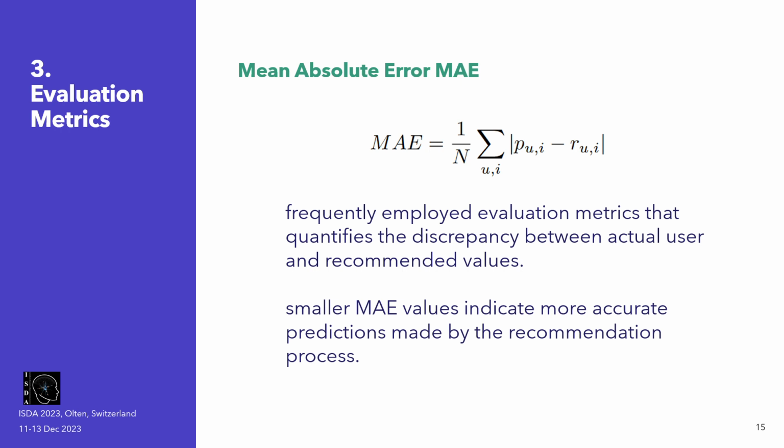The MAE is a frequently employed evaluation metric that quantifies the discrepancy between the actual user value and the recommended value. The smaller the MAE value, the more accurate the comparison made by the recommendation system.